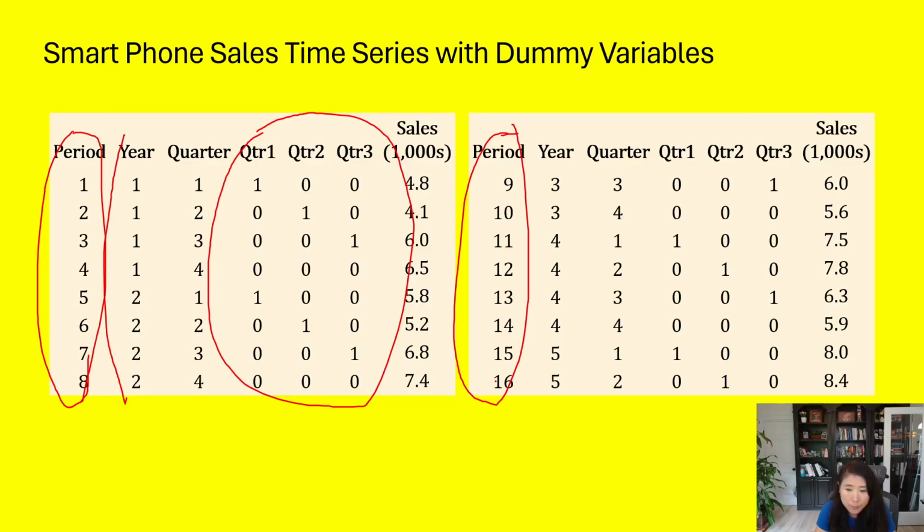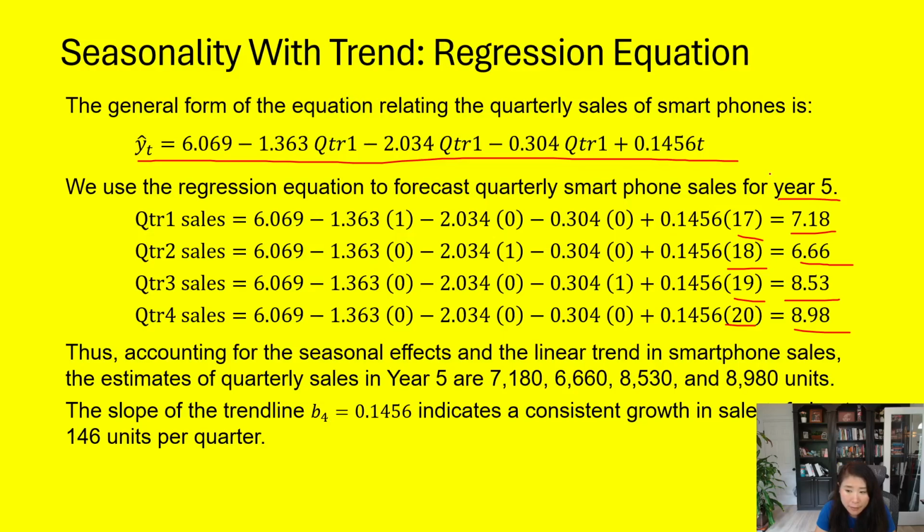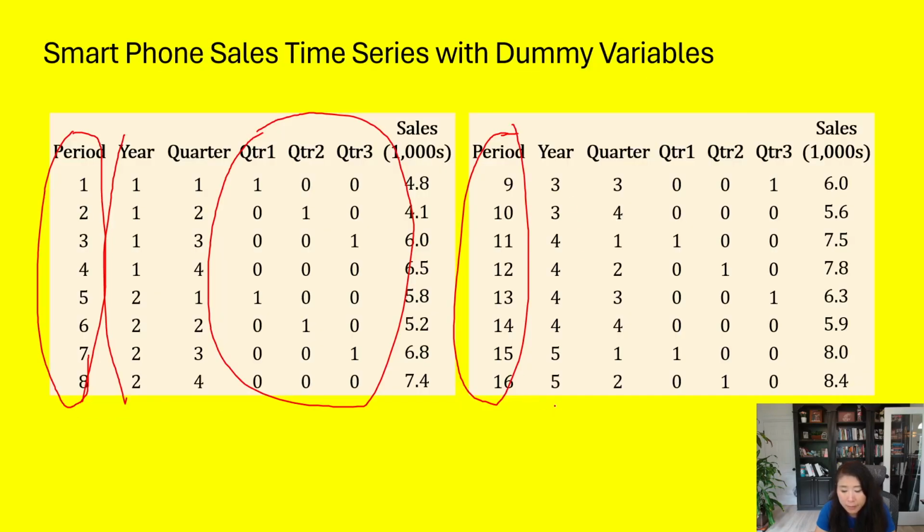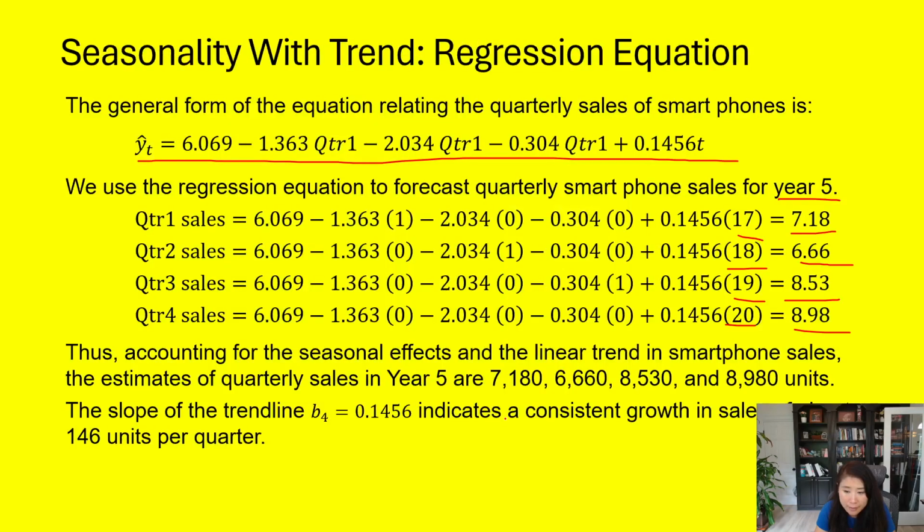It is true that it is the 5th year, and you're thinking we should use 5, but we are not using the year column to label our T. The T is for the period. Therefore, the next periods will be 17, 18, 19, and 20. That's where these numbers come from. So these are all year 5, Q1, Q2, Q3, and Q4.